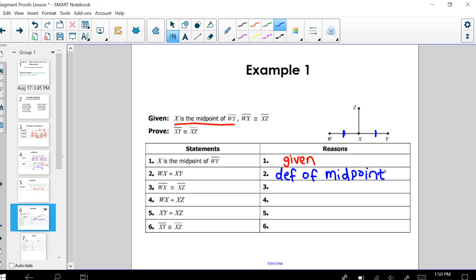Okay, now I have that segment WX is congruent to segment XZ, and that is also given to me. Now the next step here says that WX is equal to XZ. That is our definition of congruence. So if they're congruent, they're equal, or if they're equal, they're congruent, would be your definition of congruence.